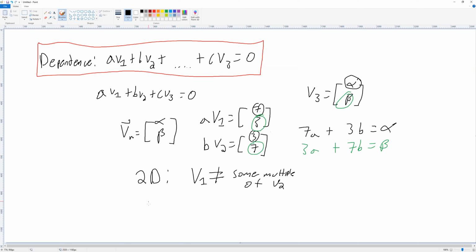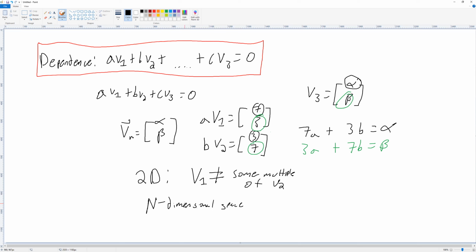In general, in n-dimensional space, the maximum number of linearly independent vectors you can have is n, and we call that a basis.